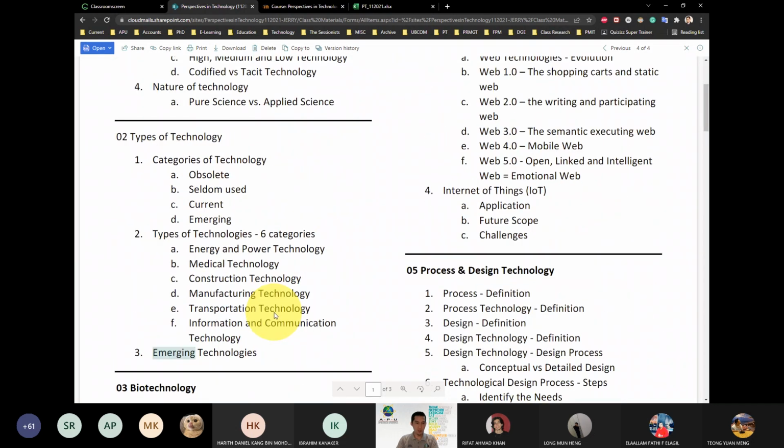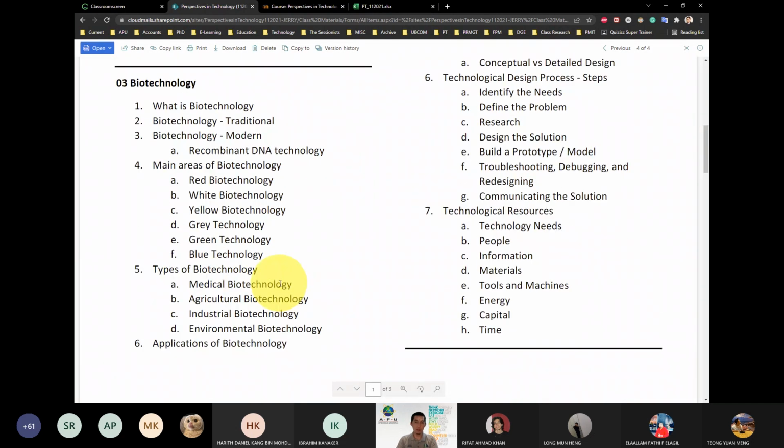Of course, we go to chapter 3. This was when we spent a bit of time with biotech. To me, this is the more fun topic, simply because there are so many different areas of biotechnology. We started off by comparing traditional and modern biotechnology.